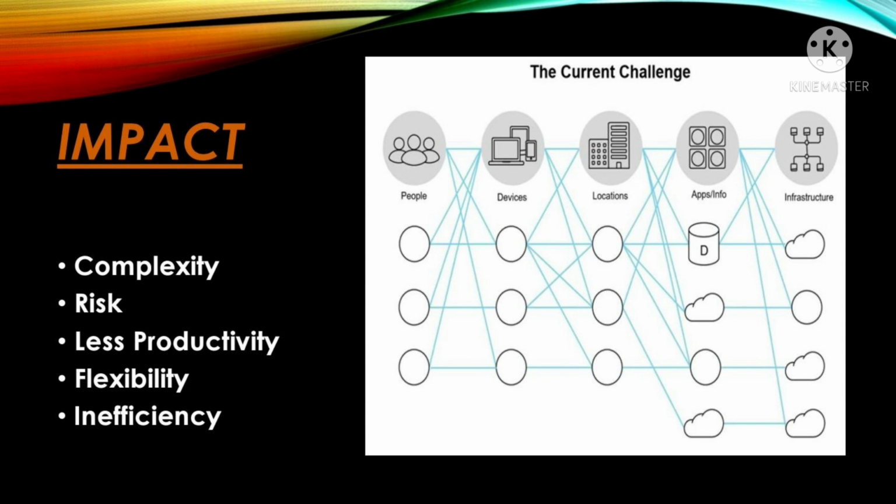This results in a highly complex environment at greater risk of security breaches. At the same time, employees struggle against lack of flexibility, and productivity reduces due to these problems. So, Citrix Cloud addresses these problems.